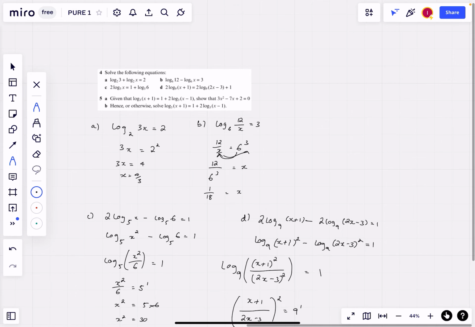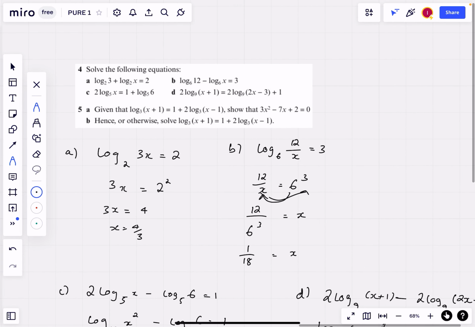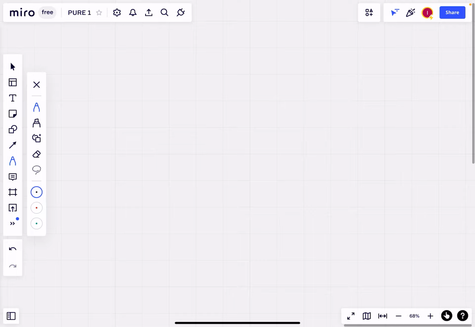Question 5. Given that log base 3 of x plus 1 equals 1 plus 2 log base 3 of x minus 1, show that 3x squared minus 7x plus 2 equals 0. Let's move all the logs to one side.